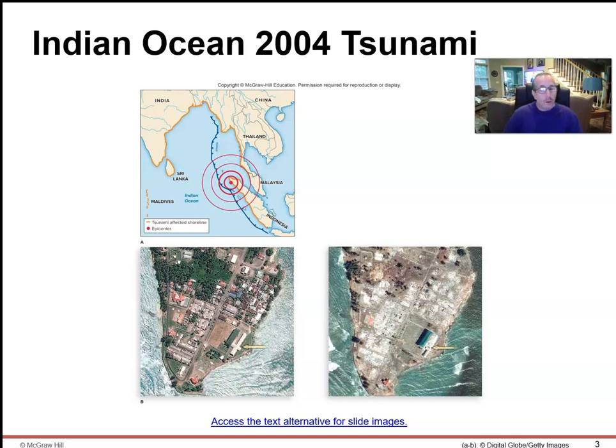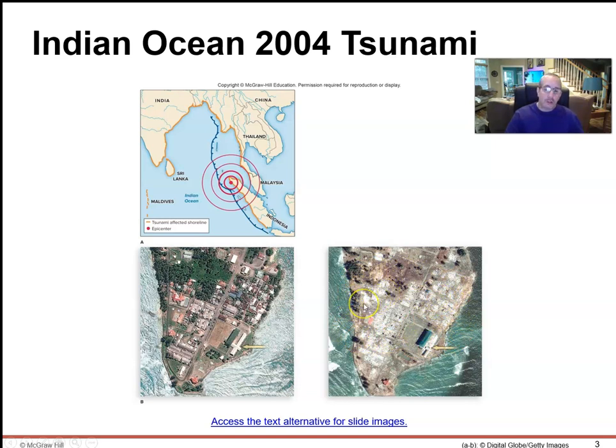It displaced a lot of water, and it caused this tsunami, or tidal wave as we used to call these things, to come in and completely devastate some islands in the Indian Ocean. You can see here a before and after picture. This was before the tsunami hit, and after it pretty much wiped everything man-made completely out.